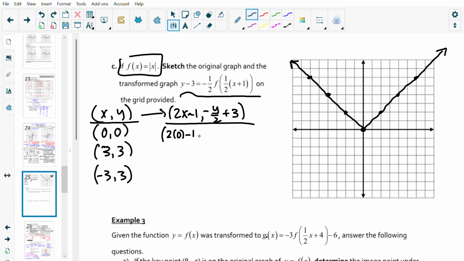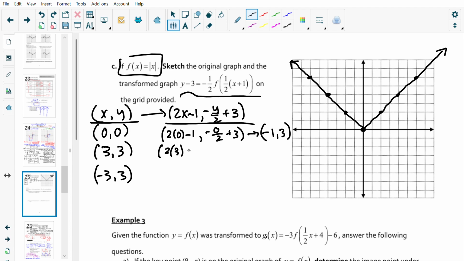Okay, so I'll do the first one like this. So 2 times 0 minus 1, comma, negative 0 divided by 2 plus 3. And that is negative 1, 3. Okay, that's just doing a little basic algebra, or a little substitution operation, to get your new coordinates.